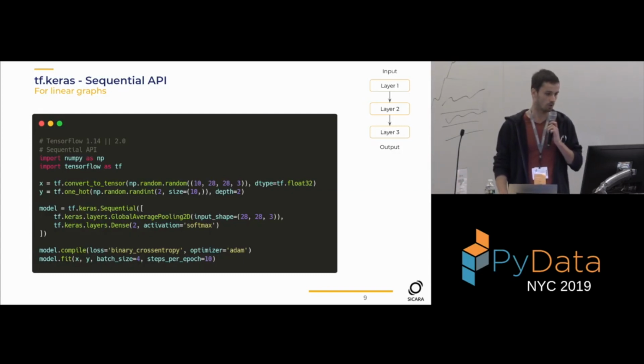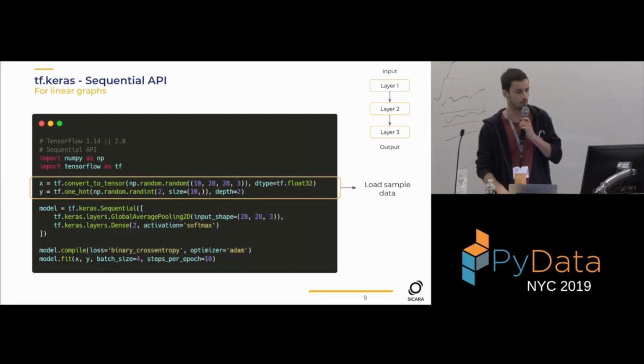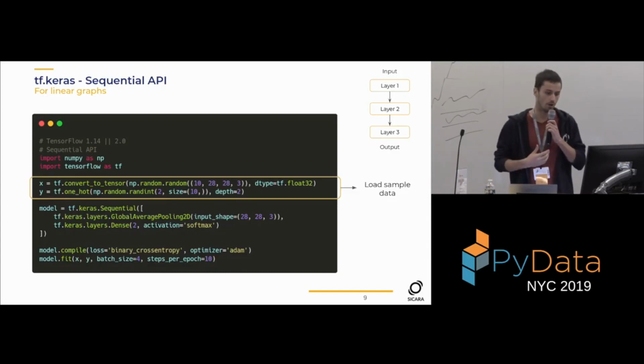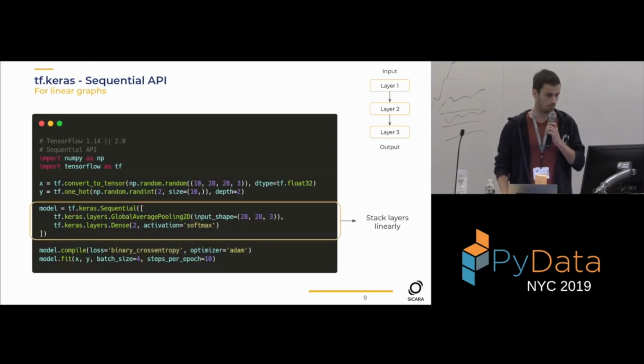So the first step is to load the sample data. You just have some tensors. You build a model by stacking your layers linearly in a list. For example, here we have just a global average pooling and then a dense layer. You specify the input shape to the first layer.